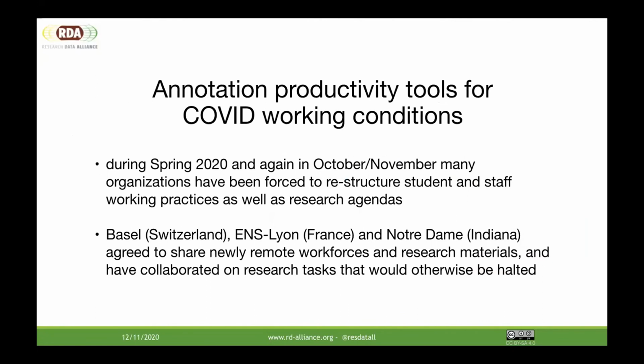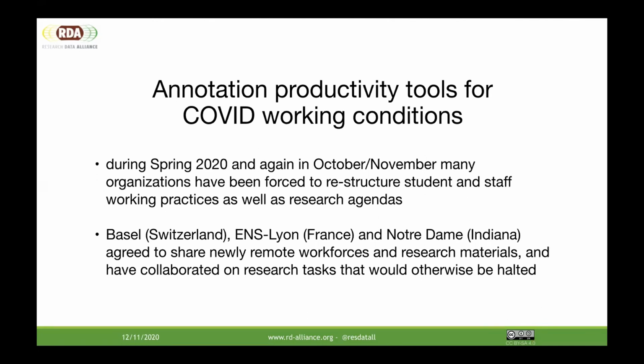What I'm going to talk about tonight, and I'm going to pass off to Eric in a minute, is another project that was originally part of a pilot, which, because of the COVID situation in the spring, turned into an active production project.